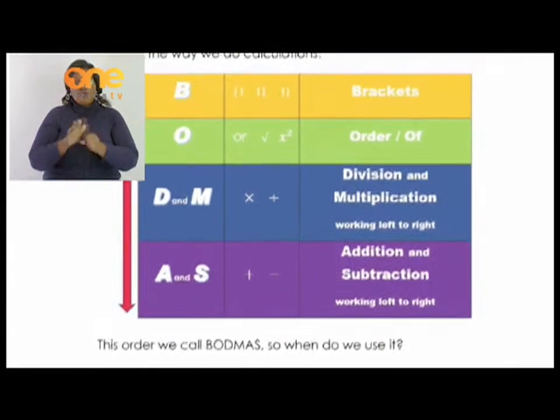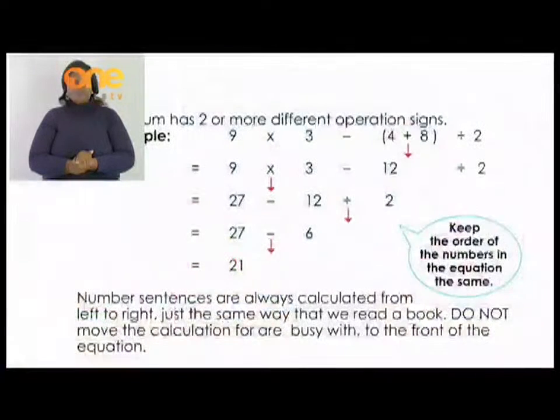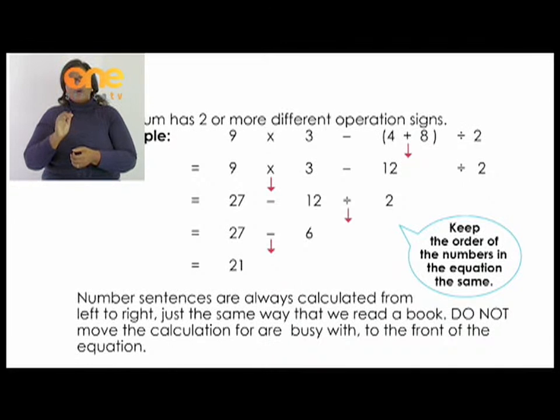So when do we use BODMAS? We can turn to page 14. When a sum has two or more different operation signs, that is when we use BODMAS. Our first example there, 9 times 3 minus brackets 4 plus 8, closed brackets, divided by 2.